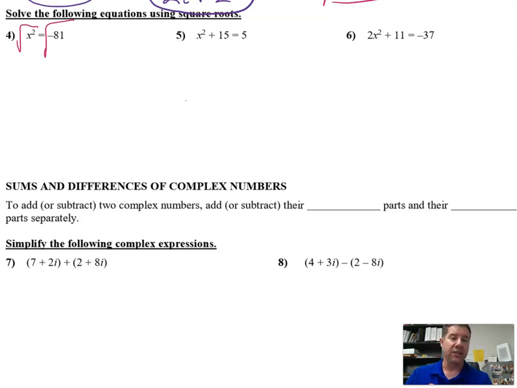Okay? A couple things when you're solving an equation with square roots. If you root both sides, like when I teach this in class, I always made kids, whenever I said root, everybody in class had to yell plus or minus. Okay? If you want to do that at home, that'd be awesome. But when I root both sides, plus or minus, you need a plus or minus sign in front of your answer. Okay? Every time.